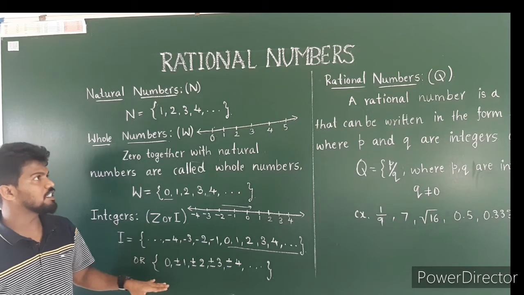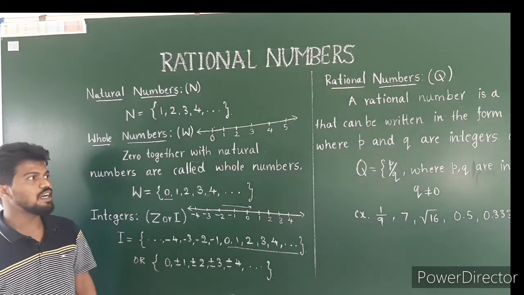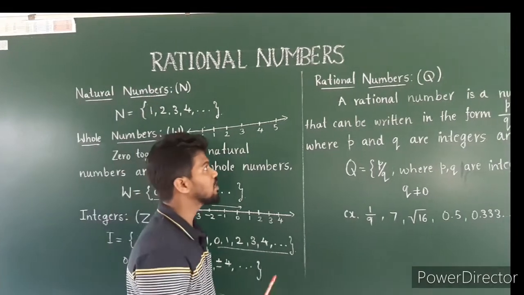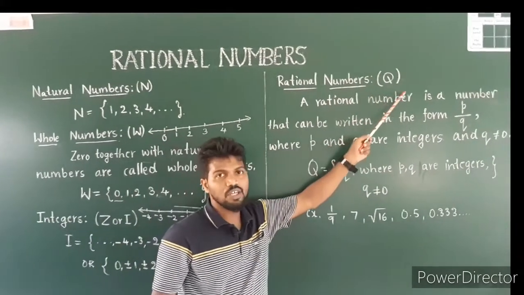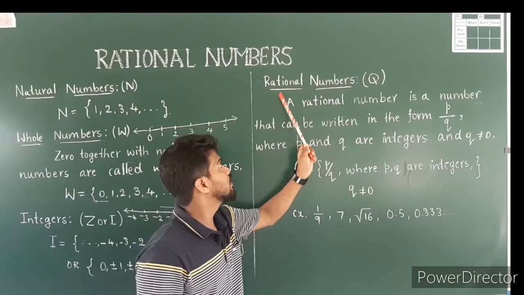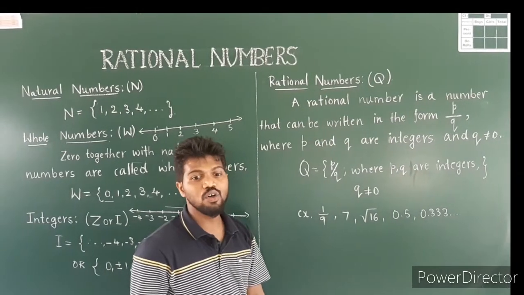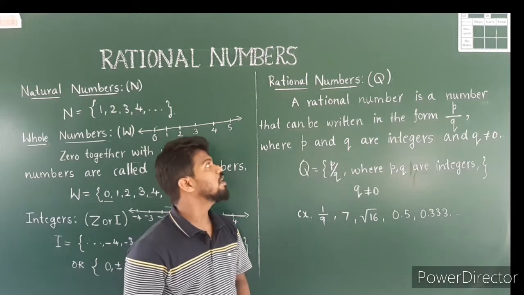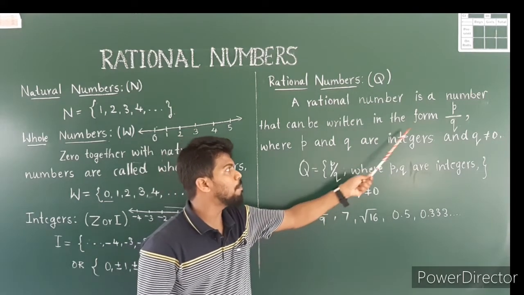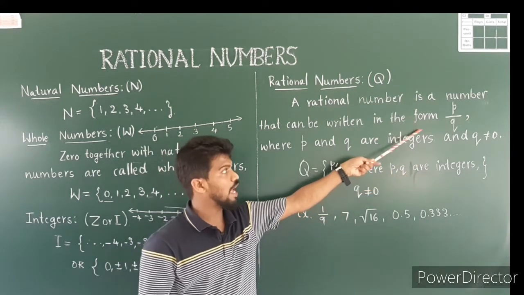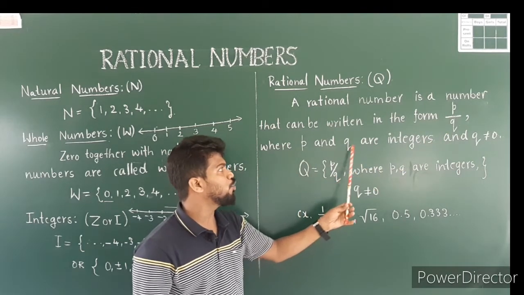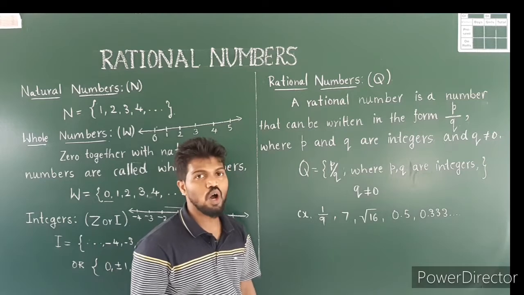So now you go through rational numbers, denoted by the letter Q. A rational number is a number that can be written in the form p by q, where p and q are integers and q is not equal to 0.